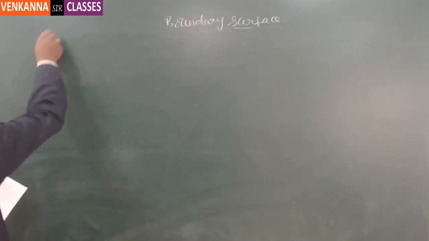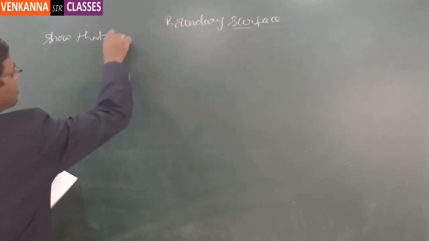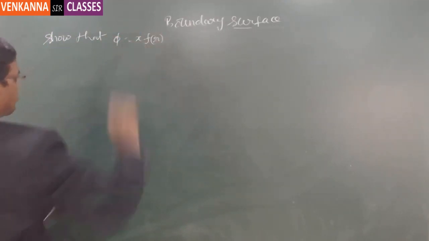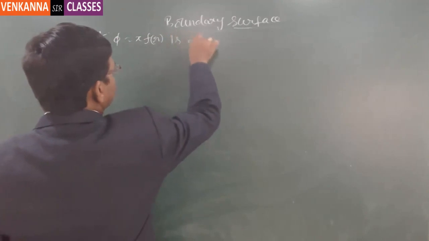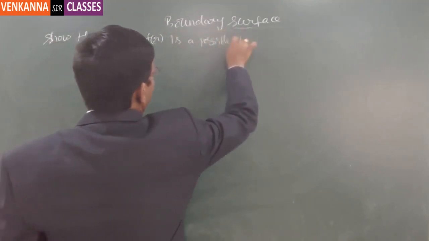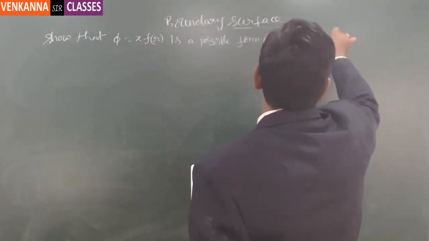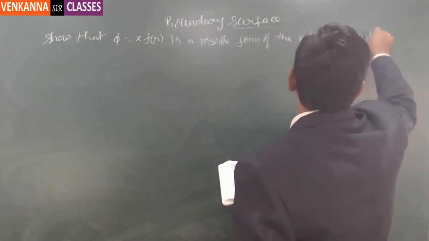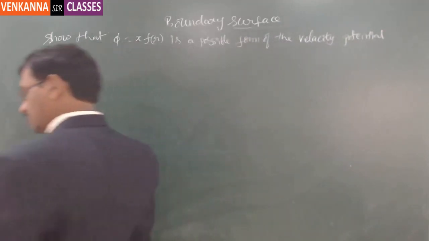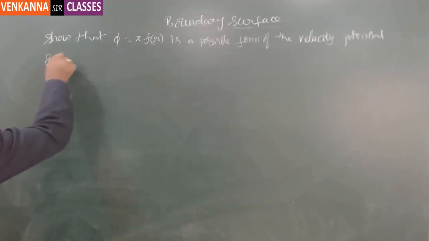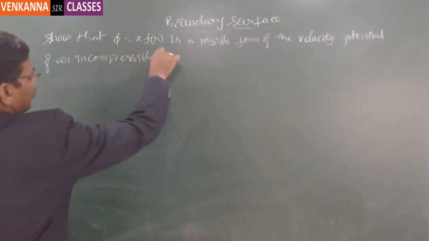Show that phi is equal to x into f of r is a possible form of the velocity potential of an incompressible liquid motion.